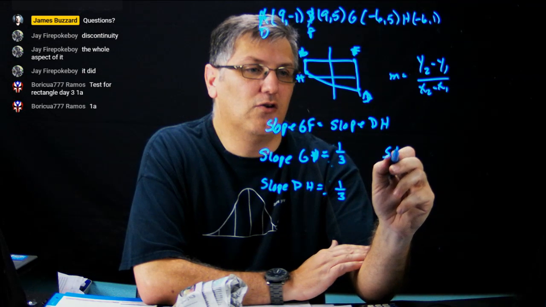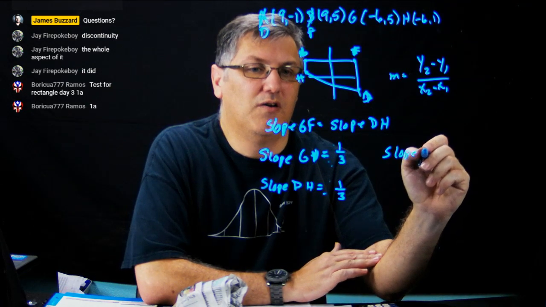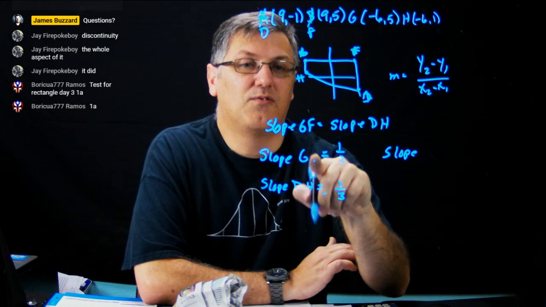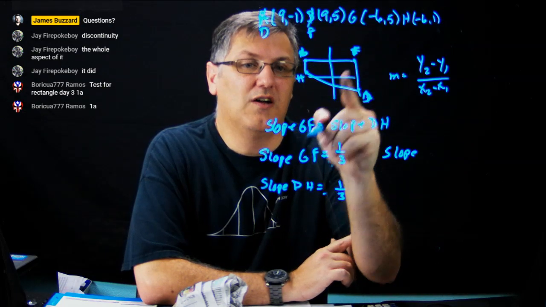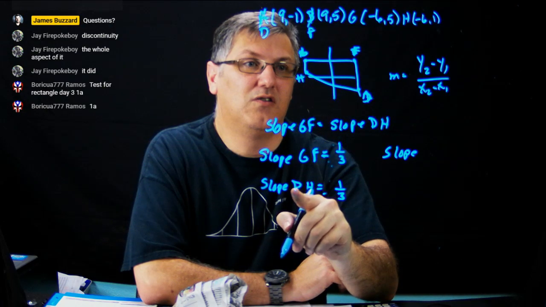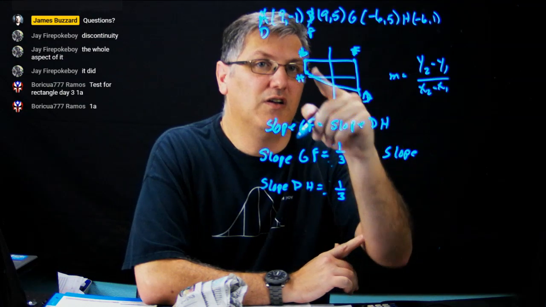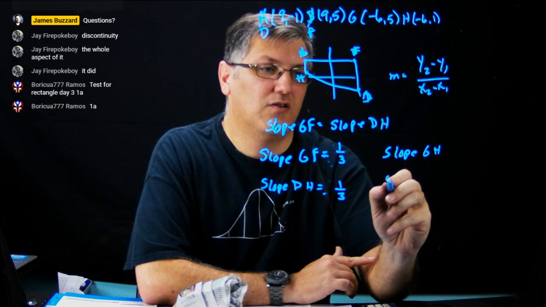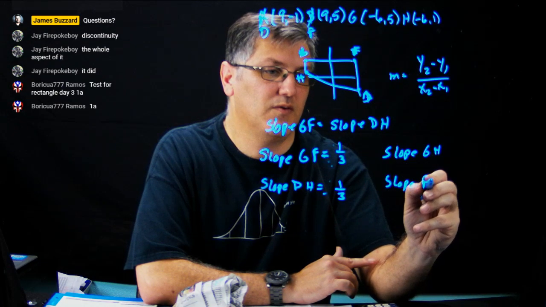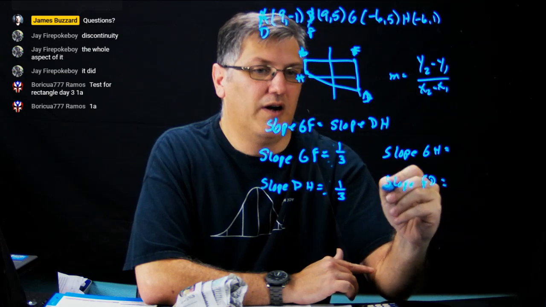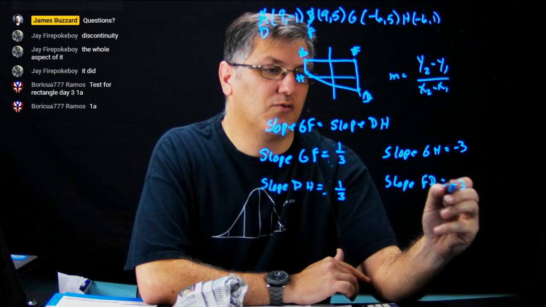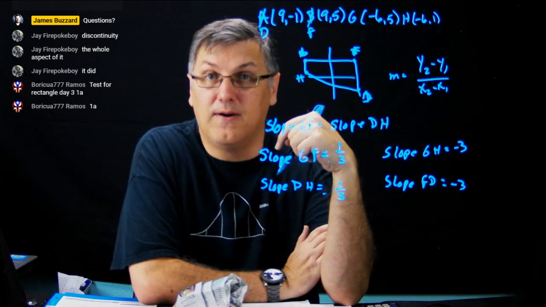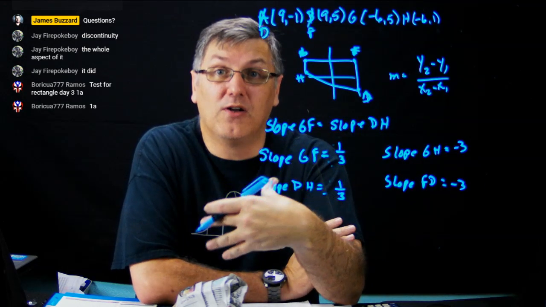Then we had the slope of GF and DH, and then GH and FD. Let's say this was negative 3 and this was negative 3. Now, if you look, my opposite side slopes are parallel because they're the same. So that would make it a parallelogram.